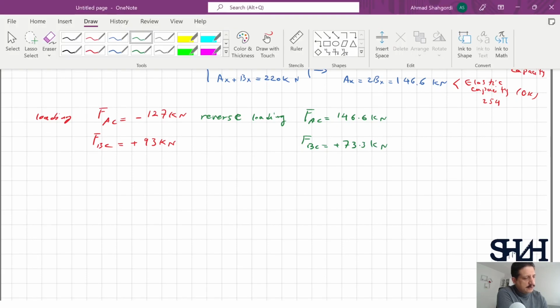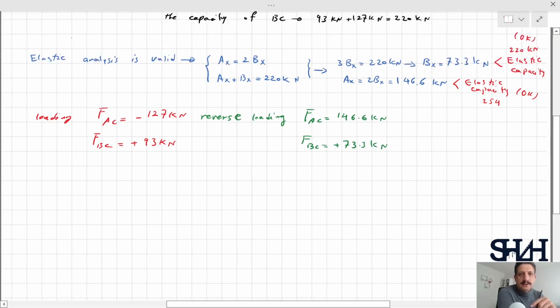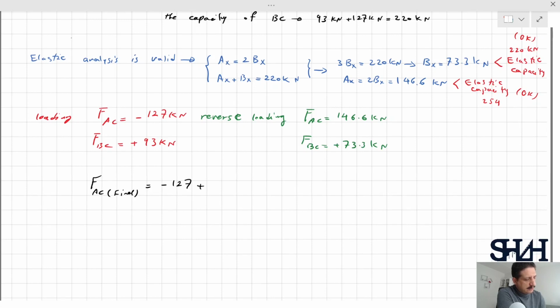So you can sum these two together to apply that there is no load between these two elements anymore. So FAC final stage after removal of the load will be minus 127 kilonewton plus 146.6, which is 19.6 kilonewton. And FBC final should be exactly the same. It should be in equilibrium.